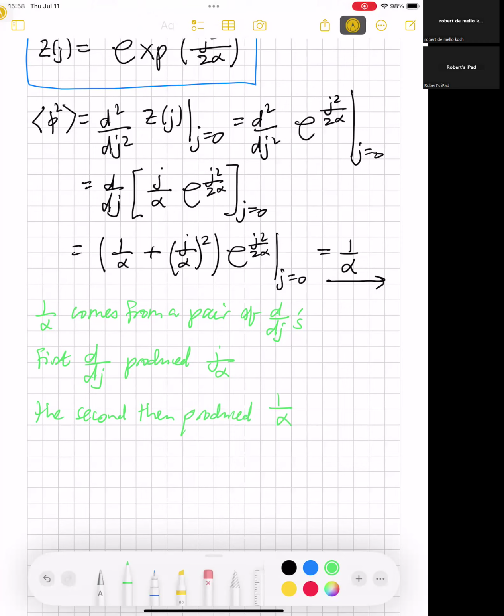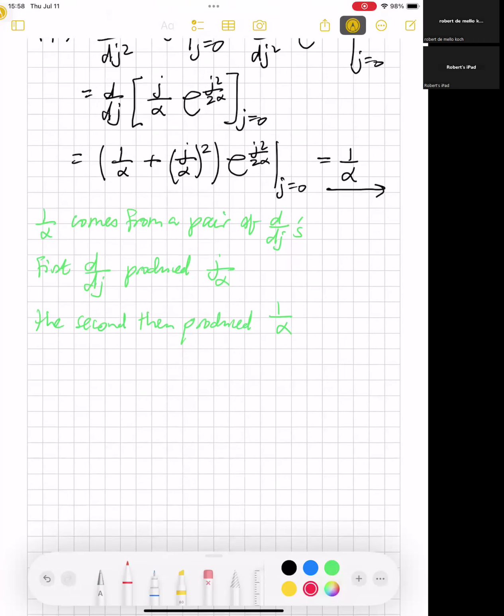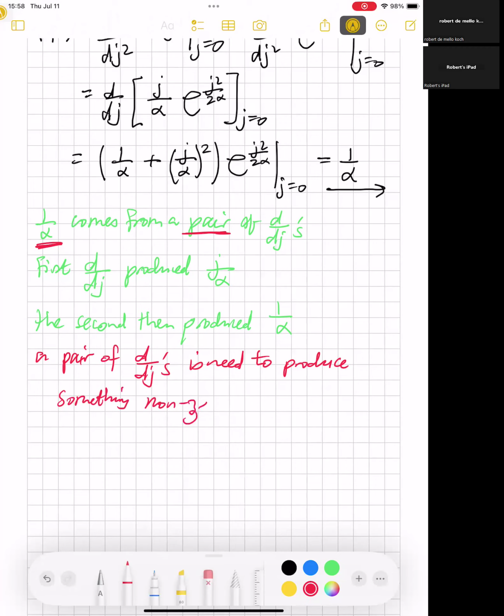So the really important thing here is that the 1 over alpha comes from a pair of d by dJ's, and a pair of d by dJ's is needed to produce something non-zero when we set J equal to 0.